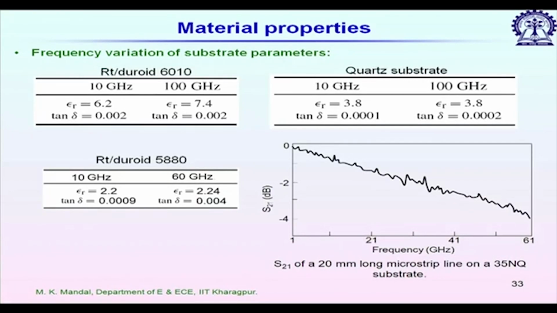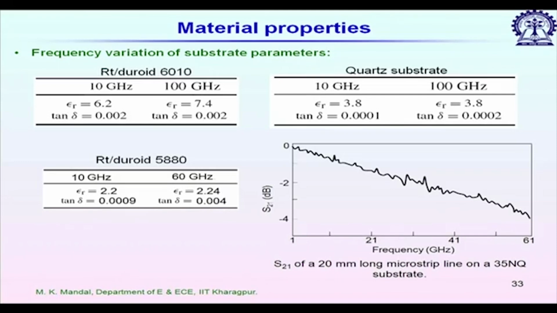Then there might be some other sources of losses, so we have to learn that very carefully. The main point is that conductor loss increases with frequency. Not only that, we will see there is one more type of loss which we call the surface wave loss.